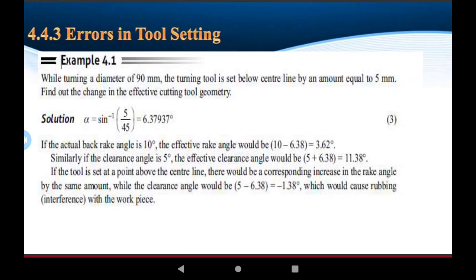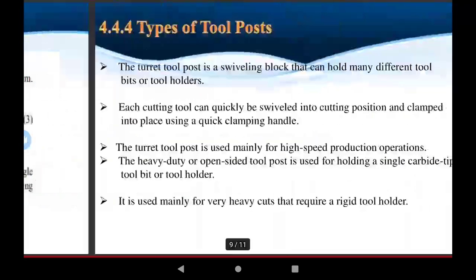The value of alpha is sine inverse of 5 by 45. Here h is 5 mm.